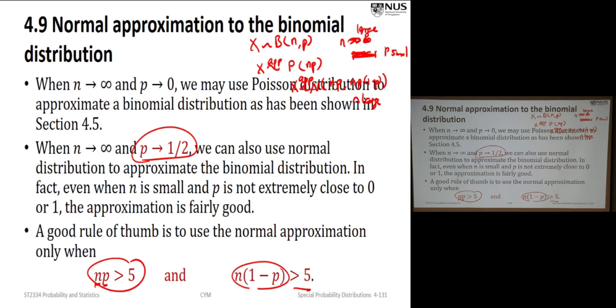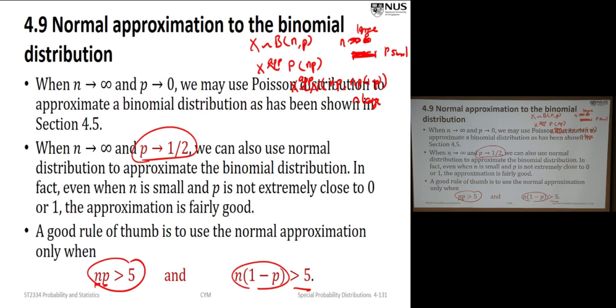Think of it, the chance of success is very small, so the majority of outcomes, the number of successes, will be very small. But if p is close to 1, then the number of successes will be very big. So it's skewed. But the normal distribution is symmetric, that's why when p approaches half, where the binomial is quite symmetric, the approximation will be good.